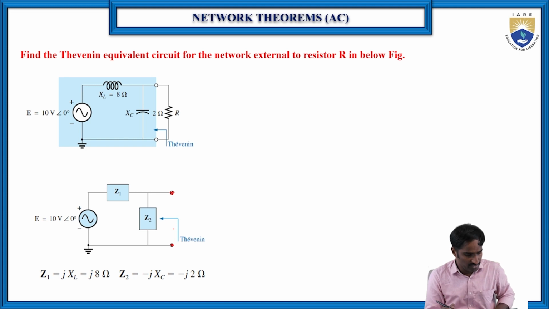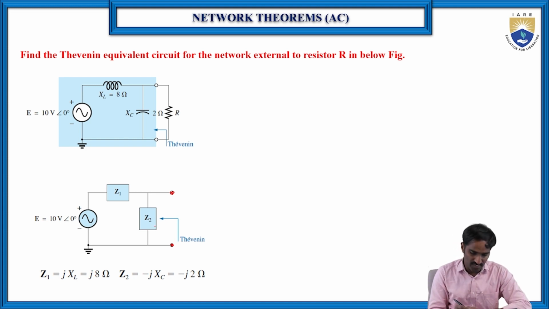To find the Thevenin's voltage across these two terminals, E Thevenin's, as you can see, the voltage source E, the impedance Z1 and impedance Z2 are in series.